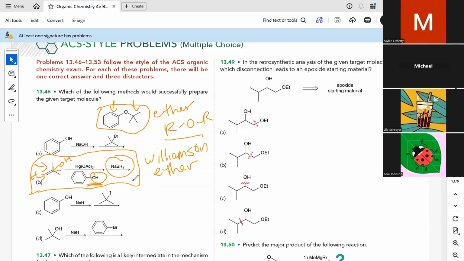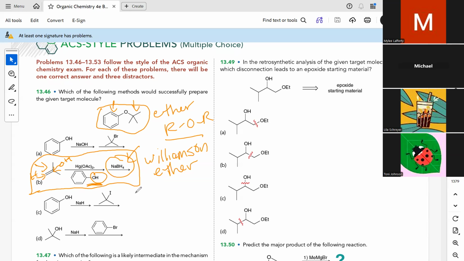So again, we can't have tertiary or phenyl alkyl halides, so we can use other substrates like alcohols, and we can combine these using a reducing agent here, and this is indicative of the Williamson ether synthesis.